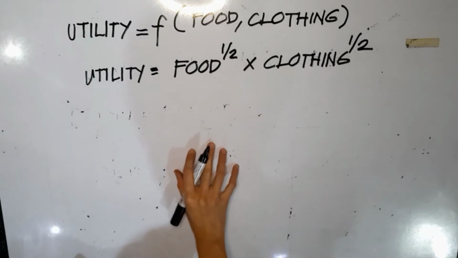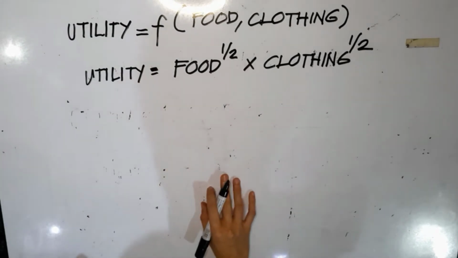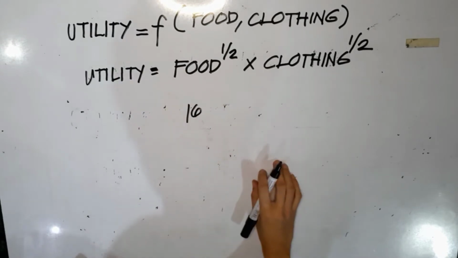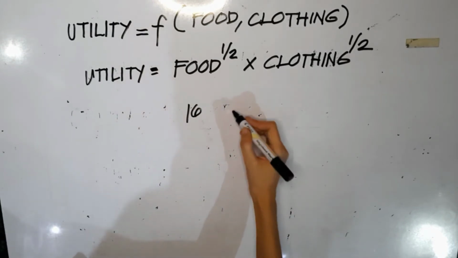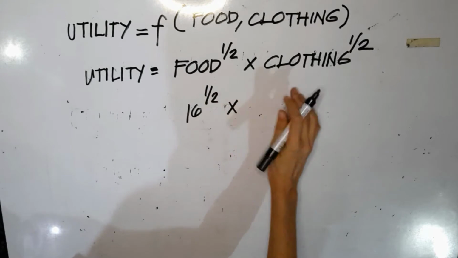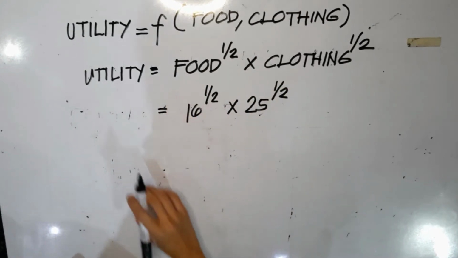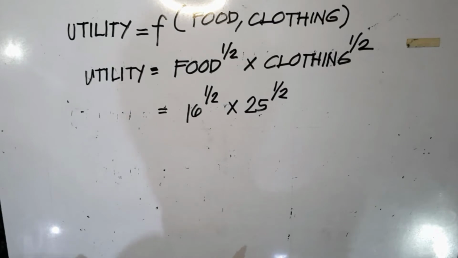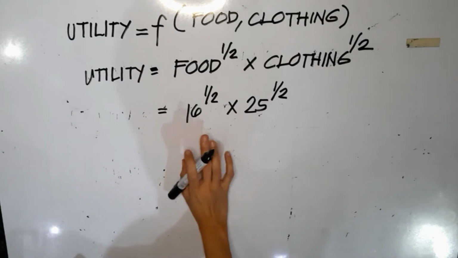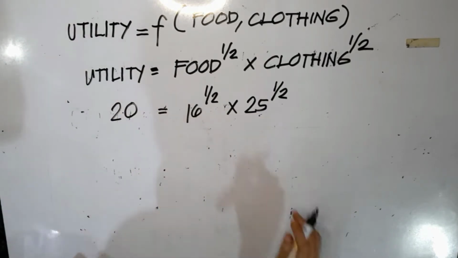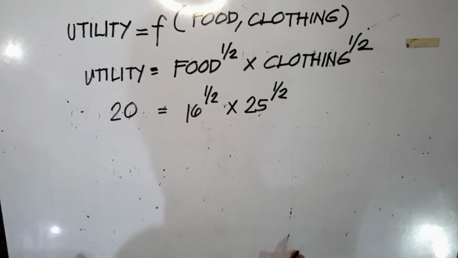So for instance, you have 16 units of food and 25 units of clothing. So how much is your utility? This would be 4 and this would be 5, so you have 20 as your utility.